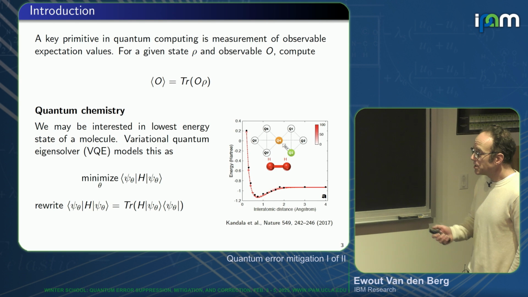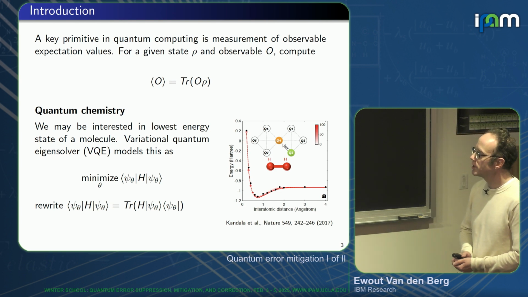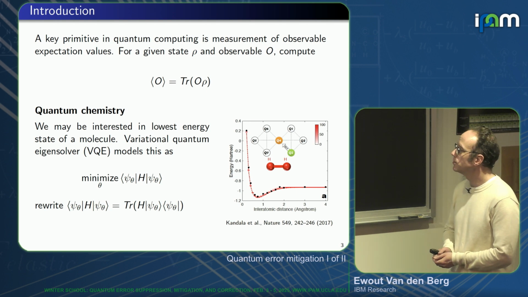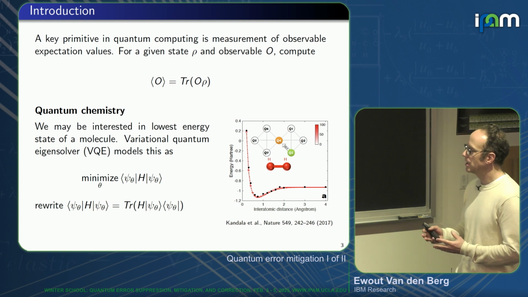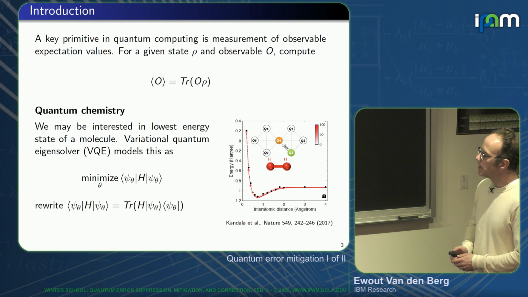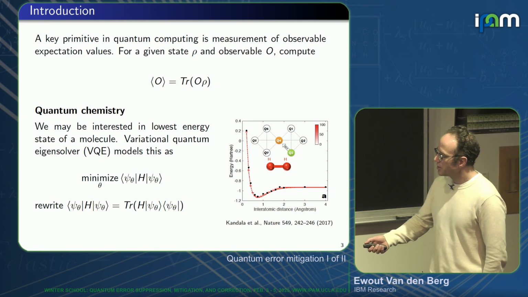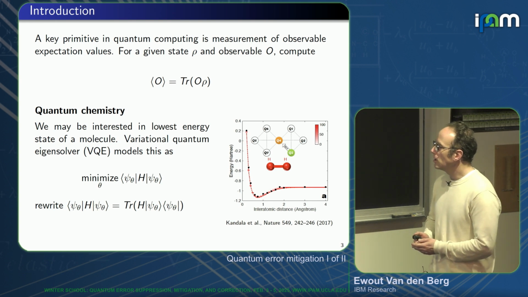Okay. And this has use, for example, in quantum chemistry. So we may be interested in the lowest energy state of some molecule. And what variational quantum eigensolvers do is they have some set of angles here denoted by theta. They form a state based on this, and then they compute the inner product with the Hamiltonian.